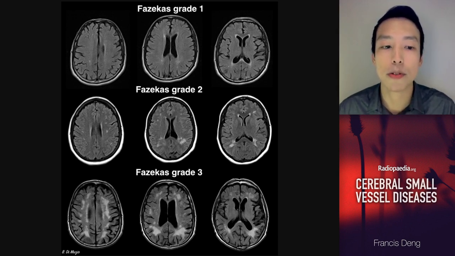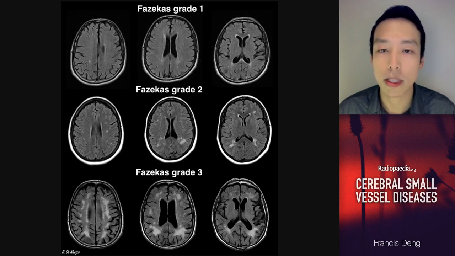One described the periventricular white matter, one described the deep white matter. With further research, it became apparent that really only the deep white matter rating scale was correlated with other markers of small vessel disease. And so that's what we refer to when we refer to the Fazekas scale not otherwise specified. We refer to the deep white matter rating scale.